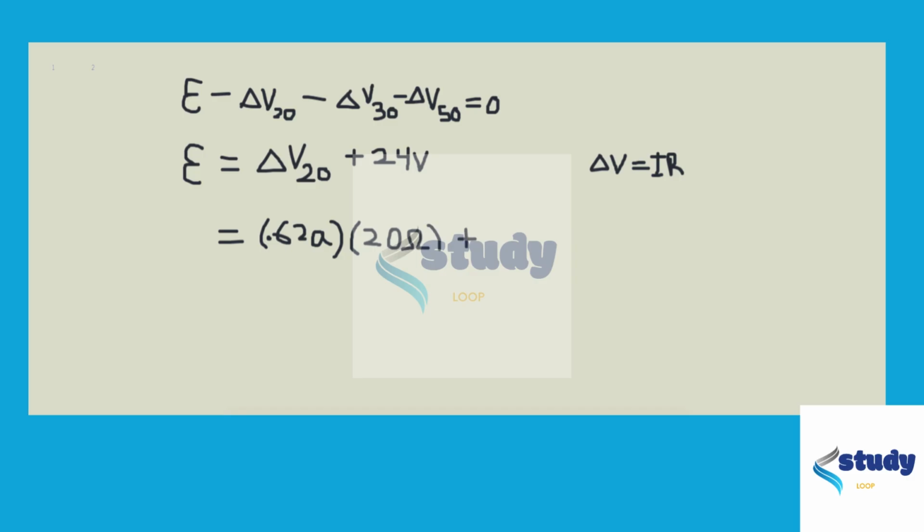And then add on our 24 volts from the other side. And at the end of this, the EMF of our battery is going to be 36.4 volts. Excellent.